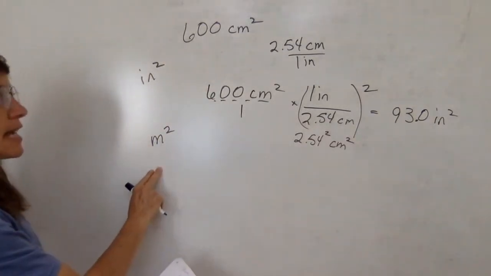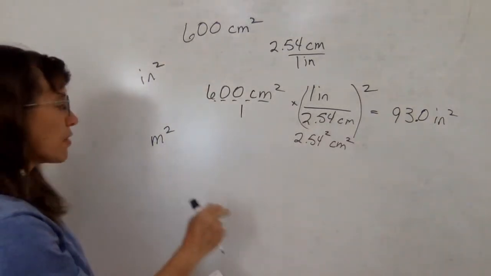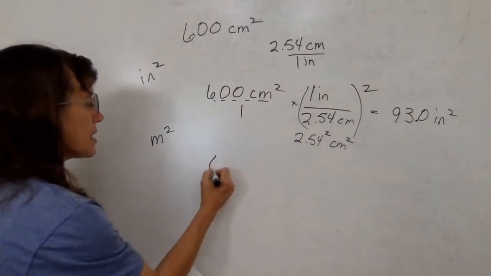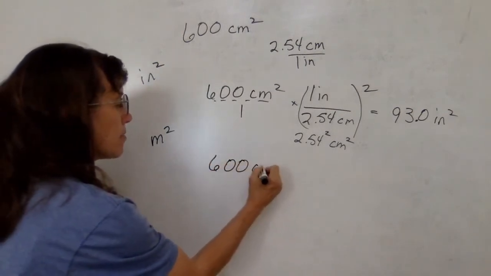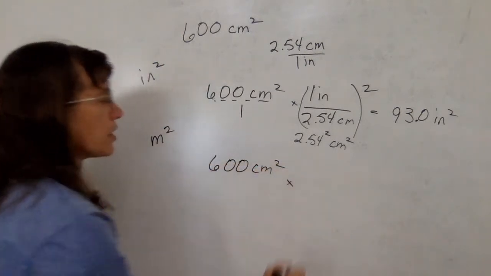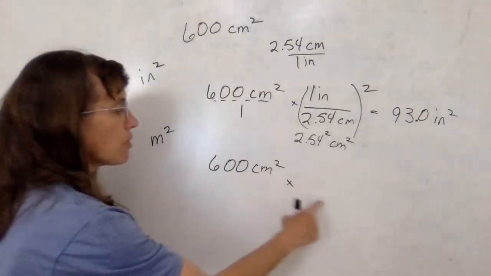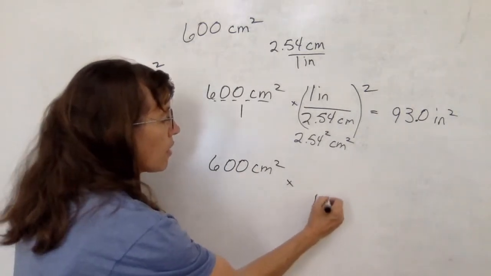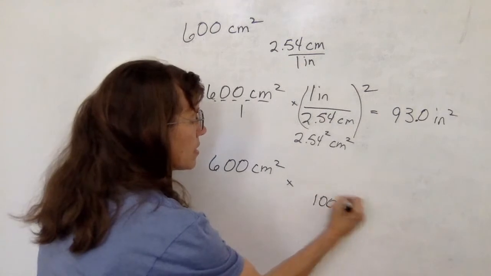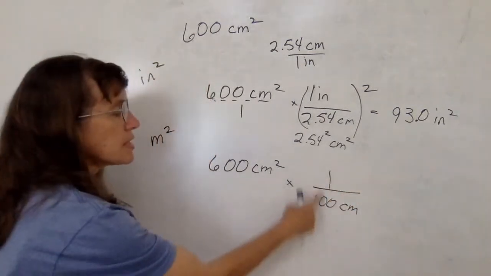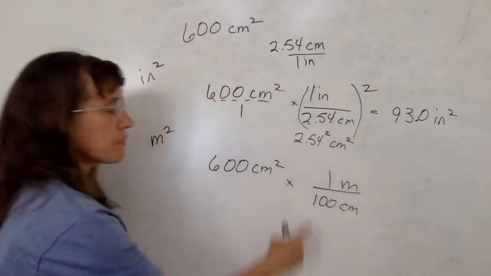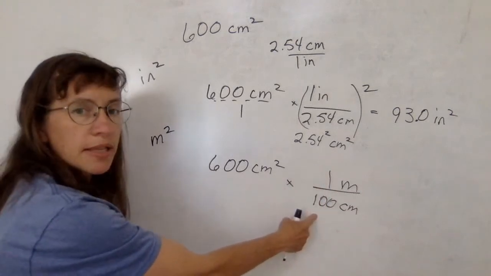If we wanted to take that 600 square centimeters and convert it into square meters, we'll go through that same process. 600 centimeters squared. And then our unit conversion in that case, again, we want the centimeters on the bottom. There are 100 centimeters in 1 meter. So this is our choice of 1. These are the same lengths.